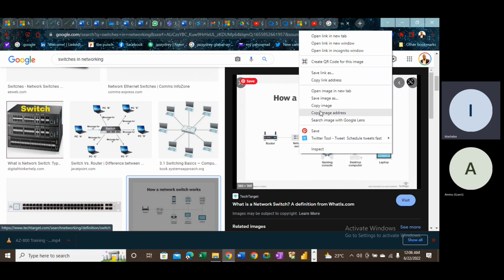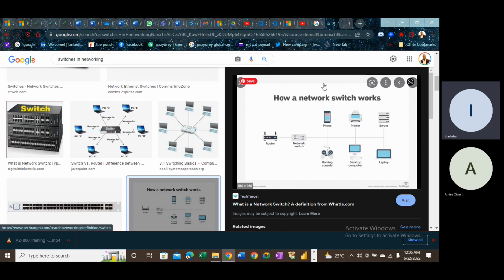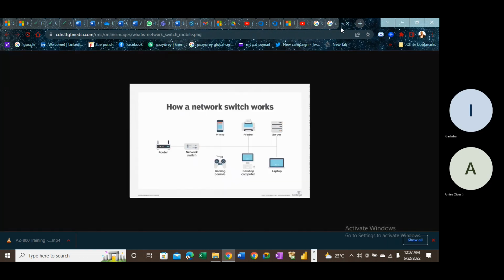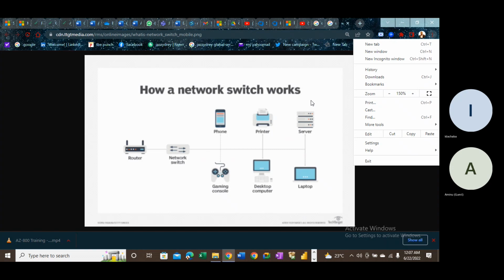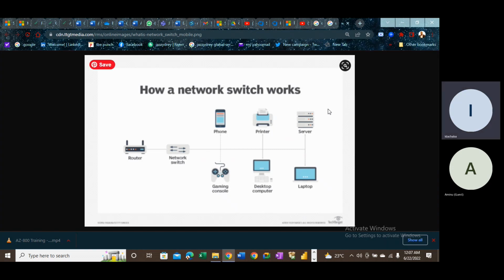So let me enlarge this image. How a network switch works: basically, you always have a router. Your router serves as a gateway between the internal network and the external network.